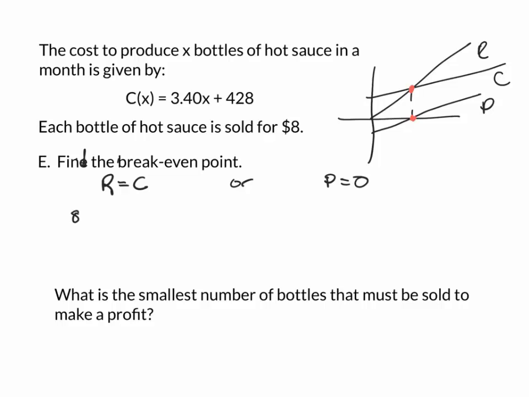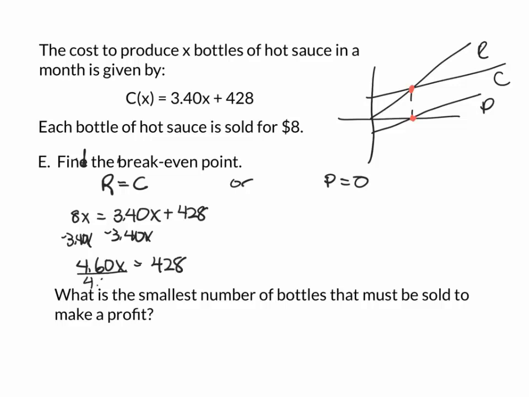So our revenue function was 8x. We're setting this equal to 3.40x plus 428. If I subtract 3.40x from both sides, I get 4.60x equals 428. And then I just need to divide both sides by 4.60. And I get x equals 93.04 about.